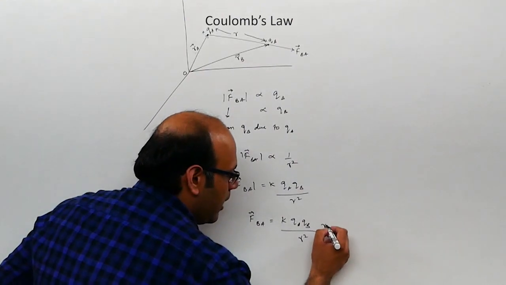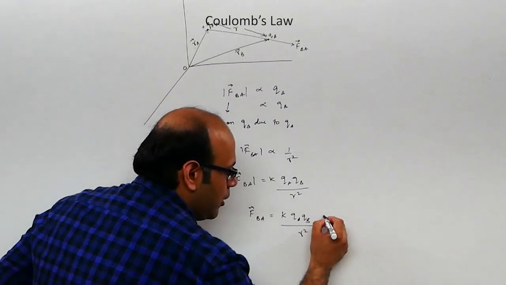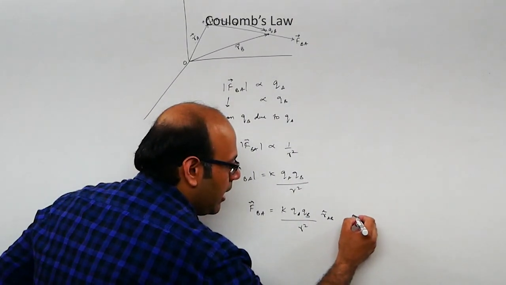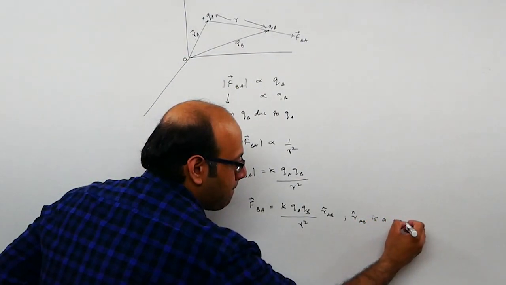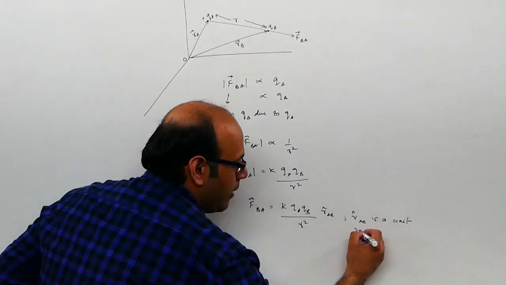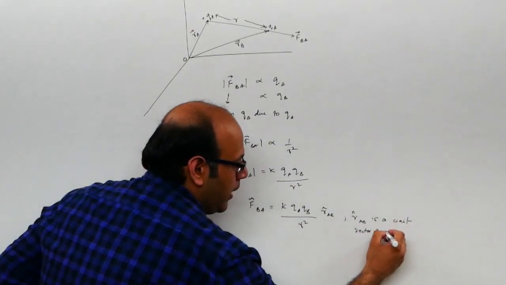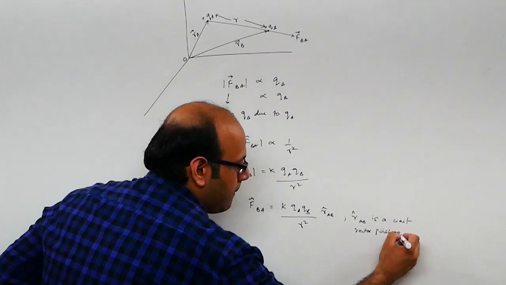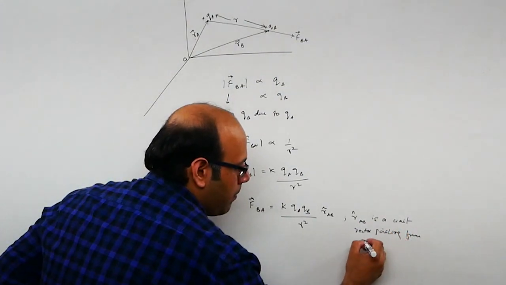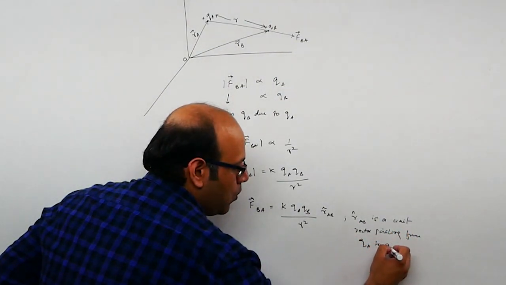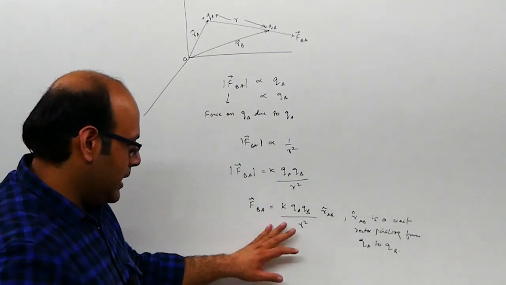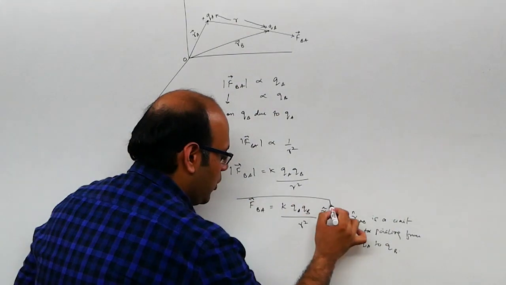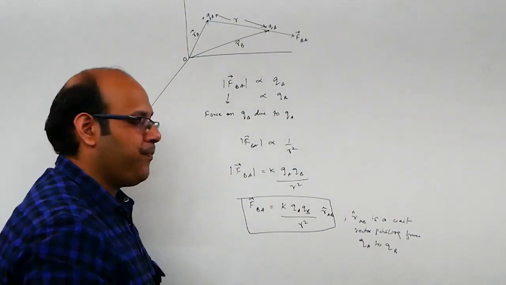So this is R cap AB, and R cap AB is a unit vector pointing from QA to QB. Alright, this expression is what Coulomb's law is.